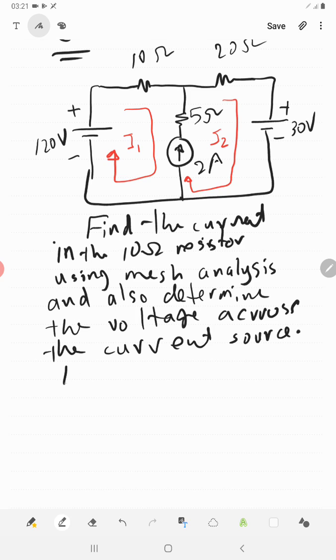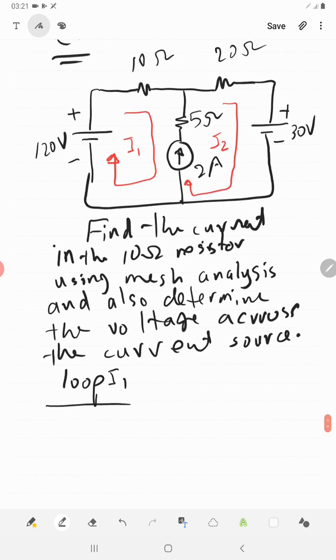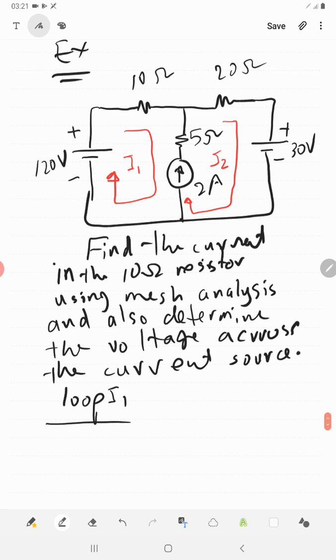So let's say loop I1. How many resistors in loop I1 do we have? We have 10 and 5. So we say 10 plus 5 times I1. It shares with I2 through the 5 ohms resistor, so minus 5 I2.